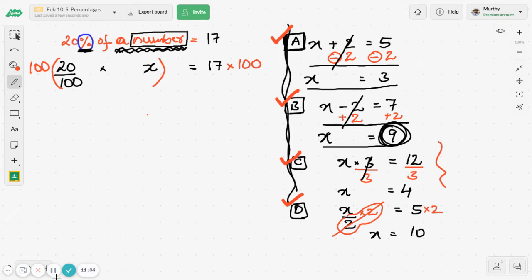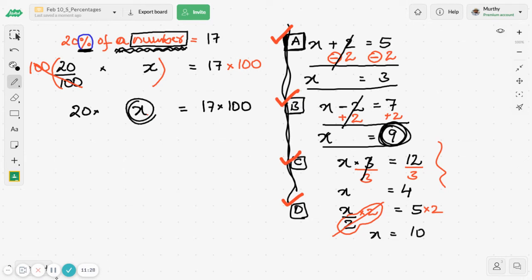Now, again, by the butterfly method, this is 100 divided by 100. So 100 divided by 100 is one time. Then you are left with 20 times x equals 17. I'll multiply this one later, times 100.